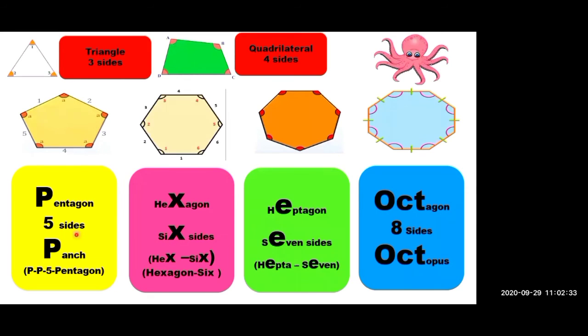In the spelling of pentagon, the first letter is P. Yes. And 5 sides. 5 को हिंदी में क्या कहते हैं? 5. तो 5 अगर हम इंग्लिश में लिखेंगे तो उसका भी फर्स्ट लेटर क्या आ जाएगा? P. Yes. So P, 5, pentagon.